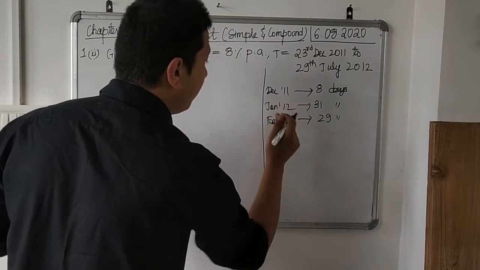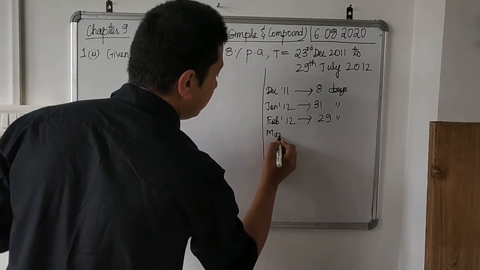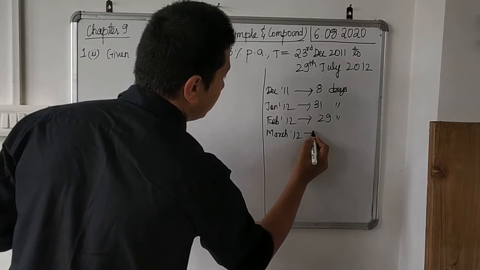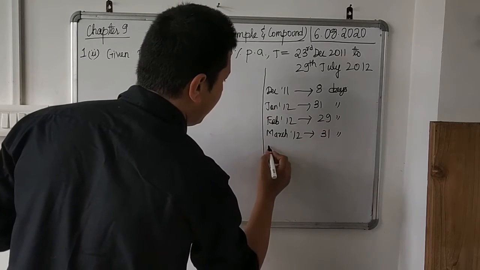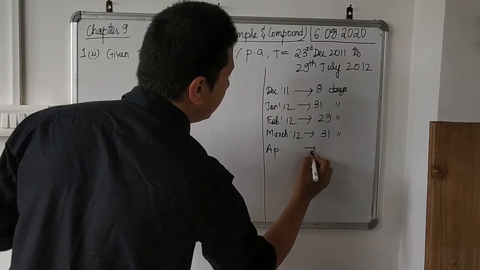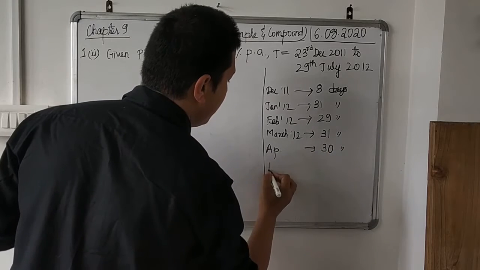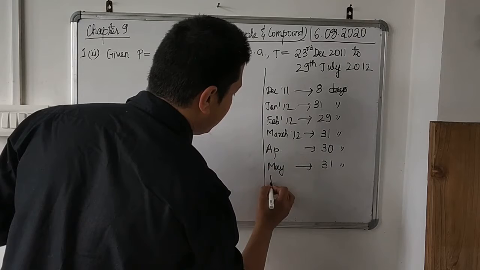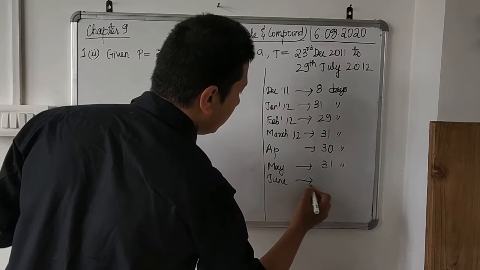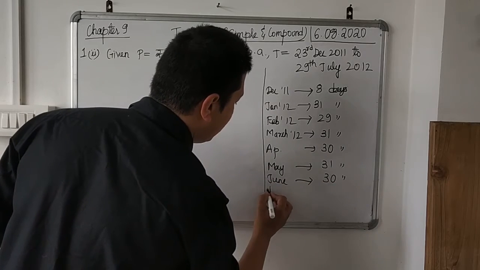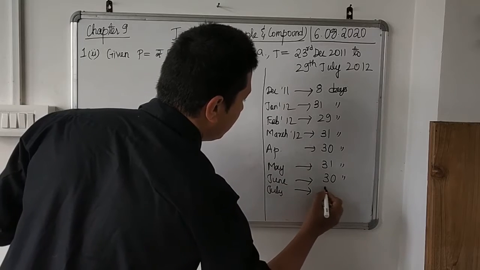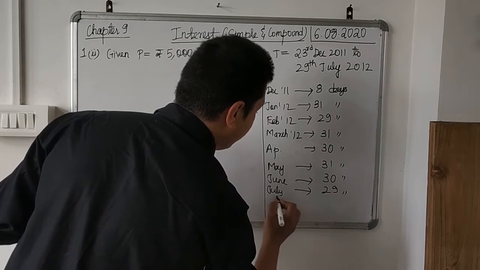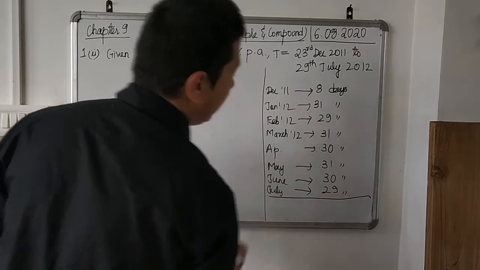March, again 31. April, 30. May, 31. June, 30, and July up till 29. So these are the number of days.